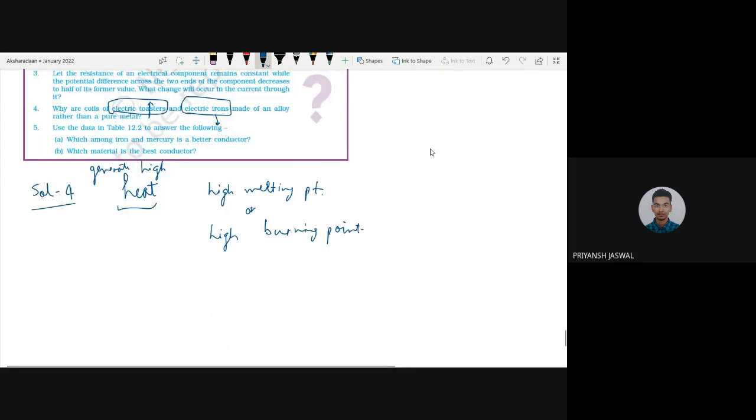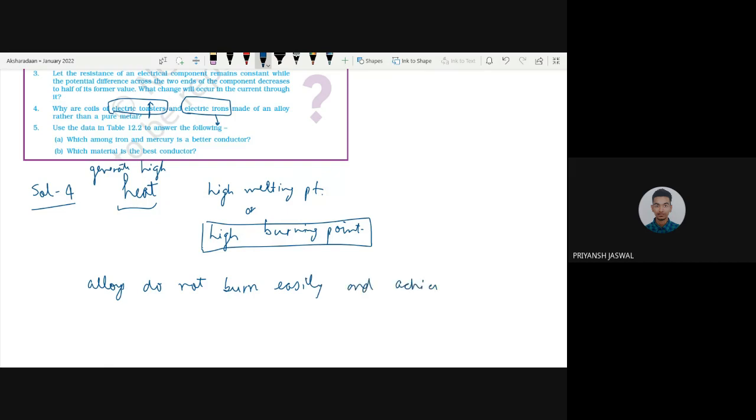And for the alloys, the oxidation occurs at a very high temperature as compared to the pure metals. So they do not burn easily. The alloys do not burn easily and can achieve greater amounts of heat.